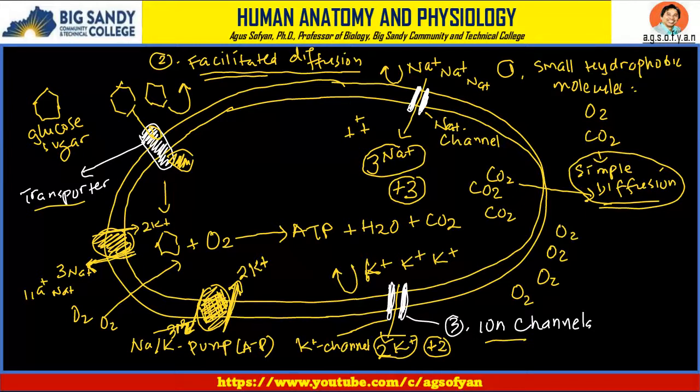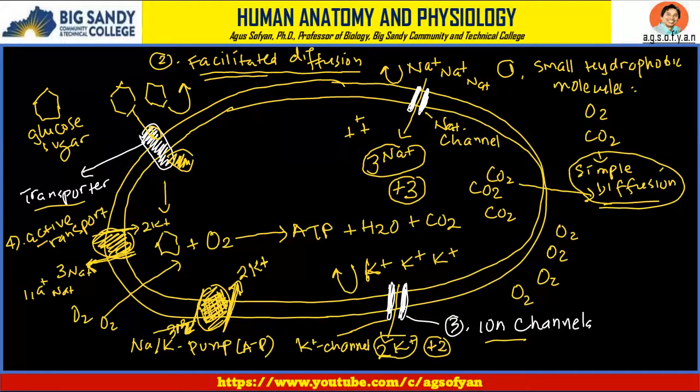So this is what we call active transport. Active transport is the transport that uses ATP to transfer molecules in or out. So this is how the cell membrane controls the movement of molecules using simple diffusion, facilitated diffusion, or active transport.